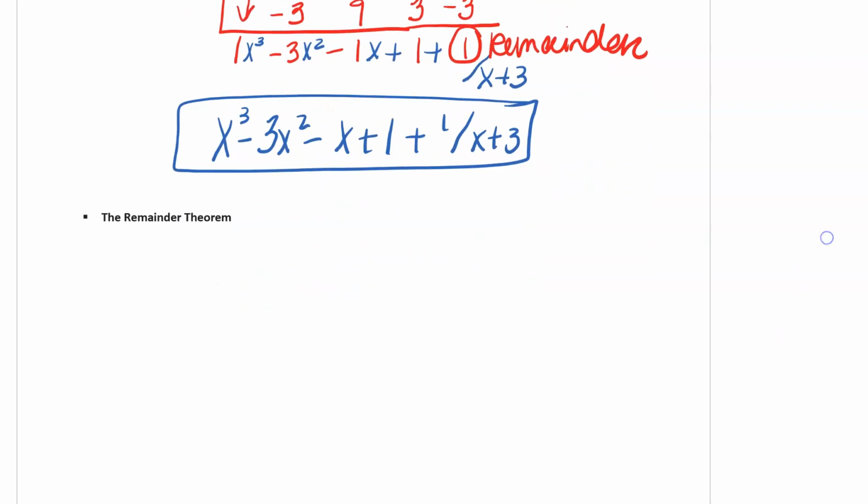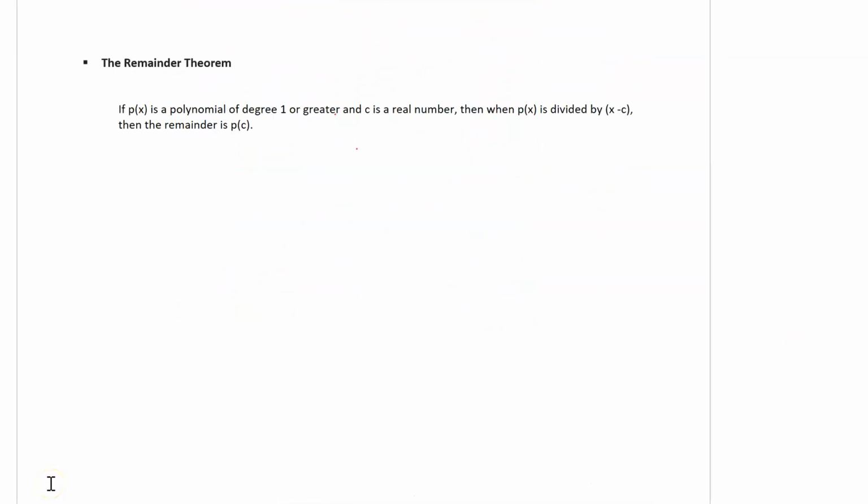Now here's one of the high points of this section, the remainder theorem. It states if p of x is a polynomial of degree 1 or greater and c is a real number, then when p of x is divided by x minus c, the remainder is p of c. So what's going to happen is when you're doing that synthetic, whatever you get your remainder to be would be just as if you had plugged c into your equation.